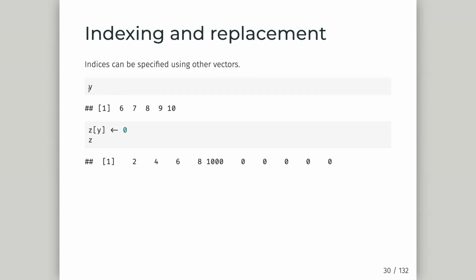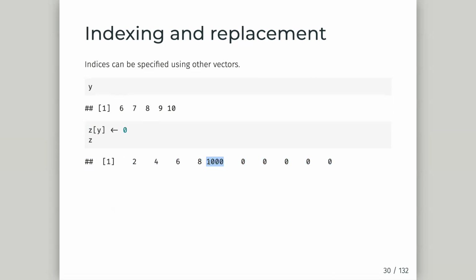We can also, usefully, use other vectors to index another vector. So in this case, if I create a vector containing 6, 7, 8, 9, 10, I can use that then to index Z, and I can say, give me the 6th, 7th, 8th, 9th, and 10th values of Z. And here I'm going to replace them with 0. And now we can see we've altered our vector so that these values now are 0.